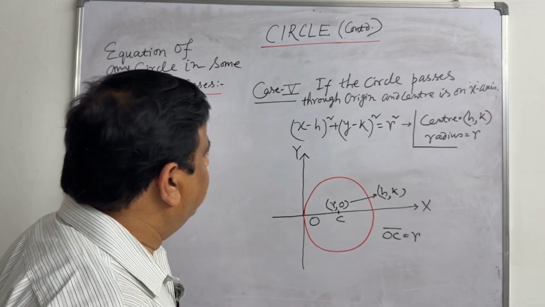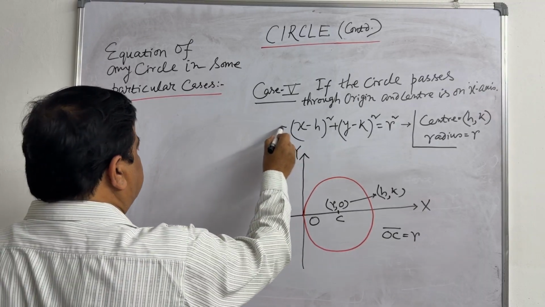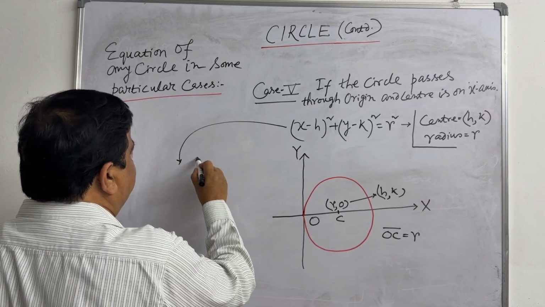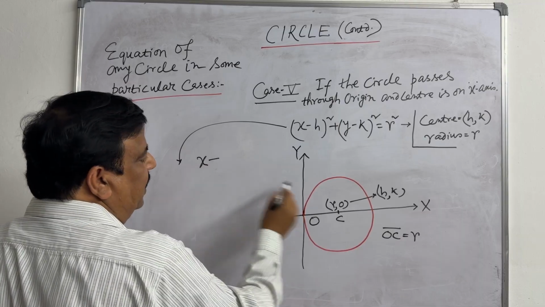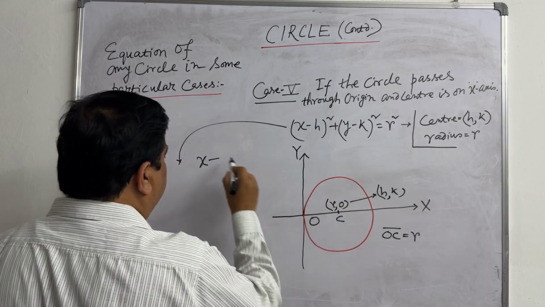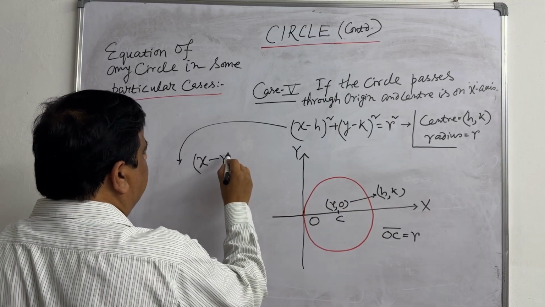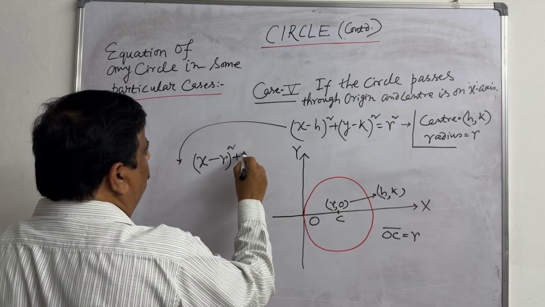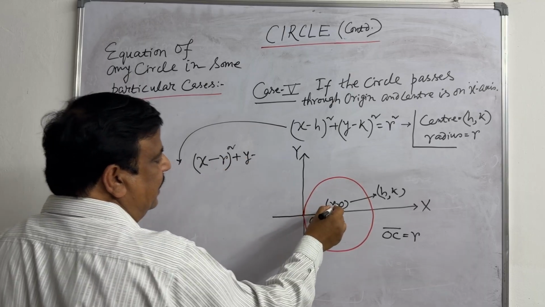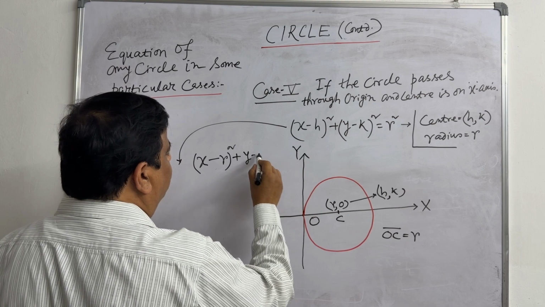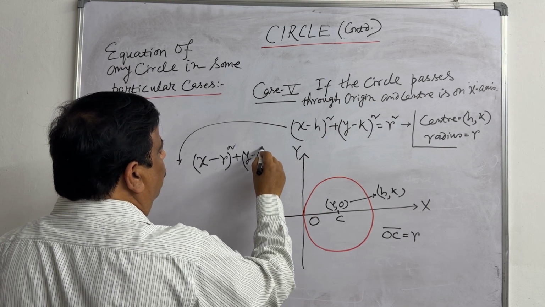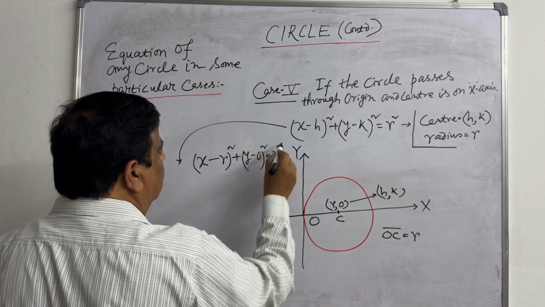So what is the equation? Use this formula. (x minus h) plus... what is h? This is equal to r, the radius of the circle, plus (y minus k), what is k? That is 0, that is equal to r square.